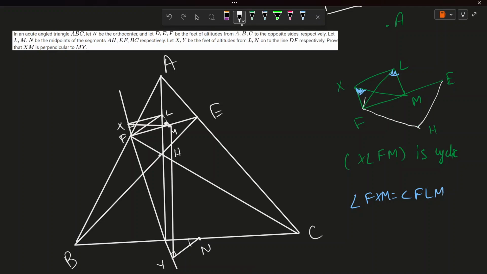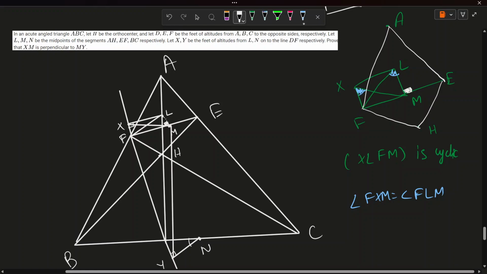As I said earlier in the earlier case, the white quadrilateral is also cyclic, and L is the midpoint of the white quadrilateral. Notice that this is perpendicular, as I just proved.